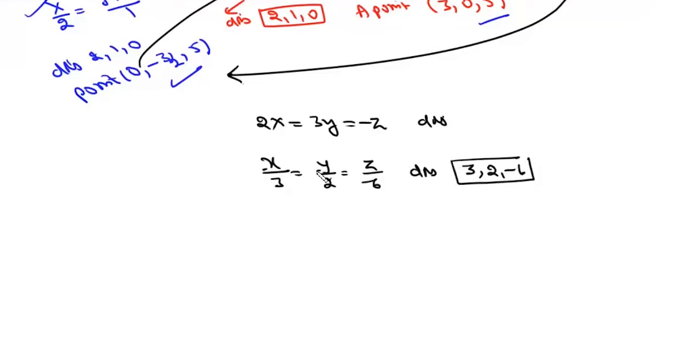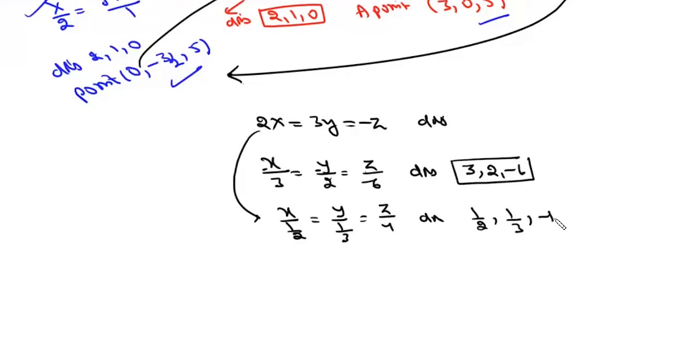So we have to make the coefficients of x, y and z 1 before we can write direction ratios. Or we can also write this as x upon 1 by 2, y upon 1 by 3 equals z upon minus 1. So direction ratios are 1 by 2, 1 by 3 and minus 1. And if we multiply this by 6, again we'll end up getting the same result.